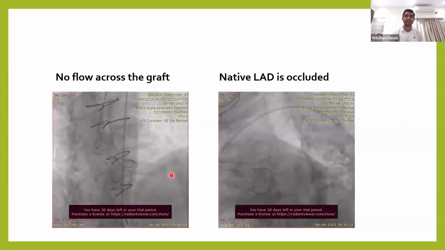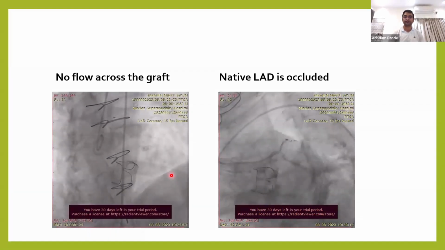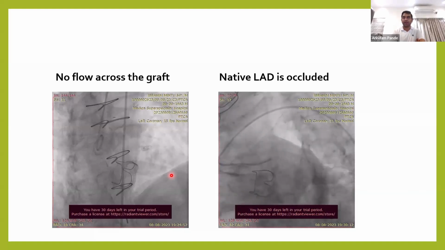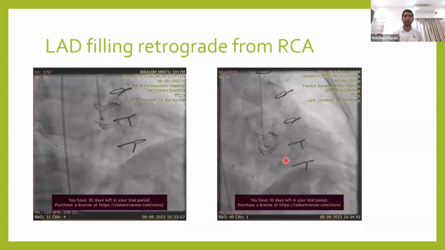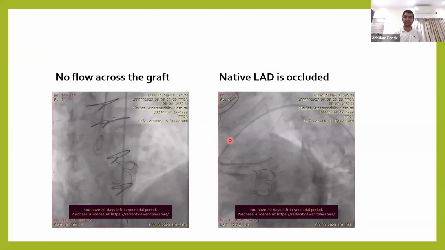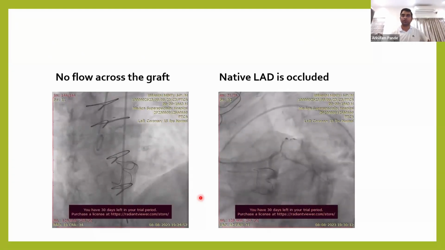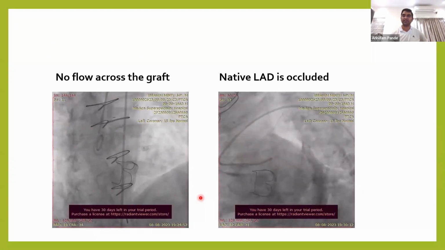We took a pigtail, you can see there is hardly any flow, no flow at all in the saphenous venous graft. And the native LAD was so bad, you can see it was very difficult to approach. It was a very difficult case to go ahead with. There was very thick calcification.